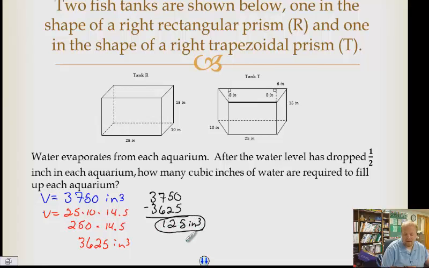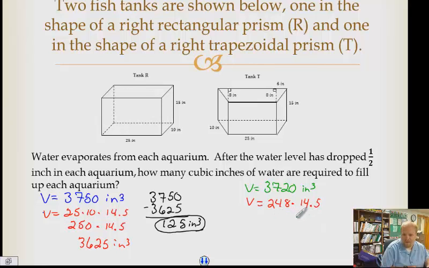Let's look at tank T. Remember our volume before was 3,720 cubic inches. I'm going to do the same thing. I'm going to find the volume, remember it's 248 times 14 and a half, area of the base times the height.